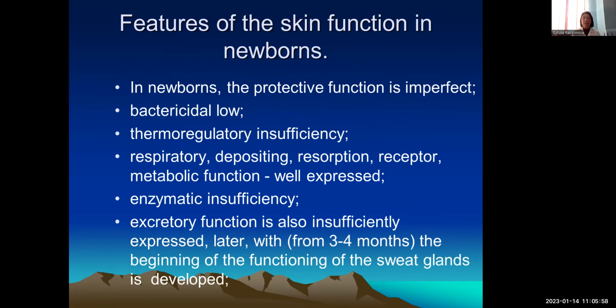Features of the skin function in newborns. In newborns, the protective function is imperfect. Bactericidal function is low. Thermoregulatory insufficiency. Respiratory, depositing, resorption, receptor, and metabolic functions are well expressed.